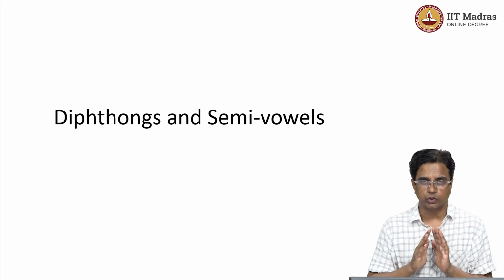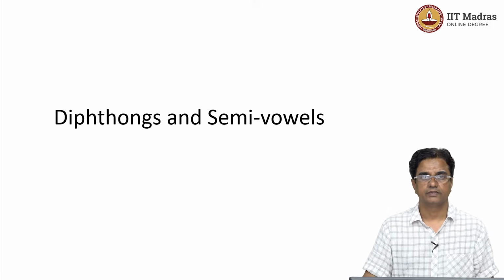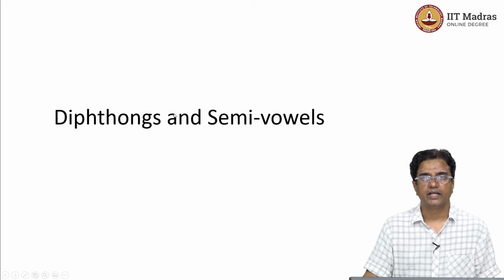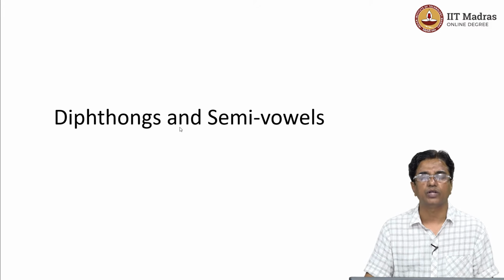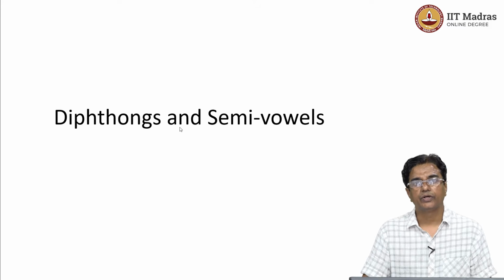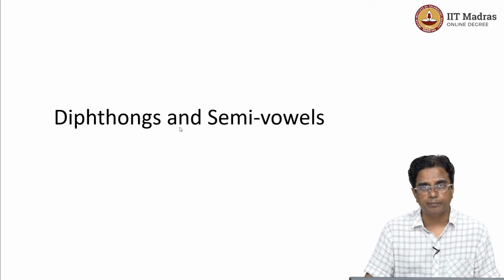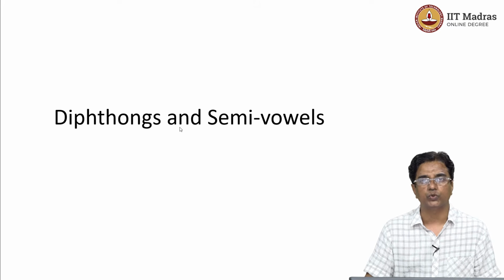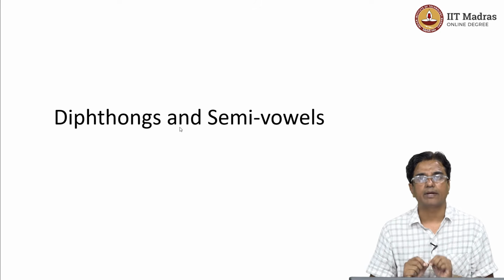When we go into the details of that classification, we find that among the 20 vowels, there are some vowels which are called diphthongs. And among consonants, there are 2 in particular and 3 in total sounds which are called semi-vowels.